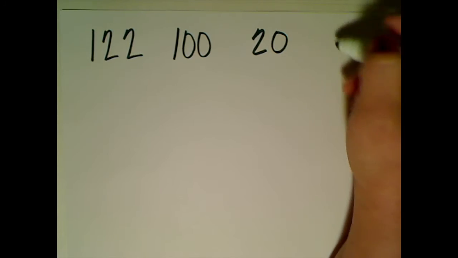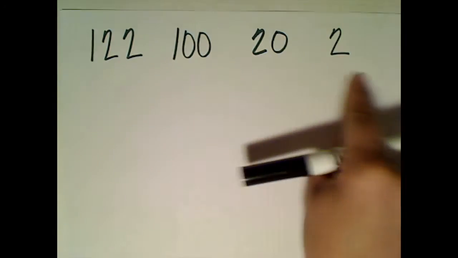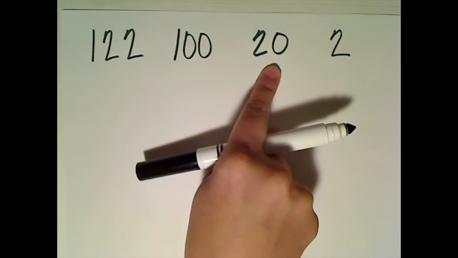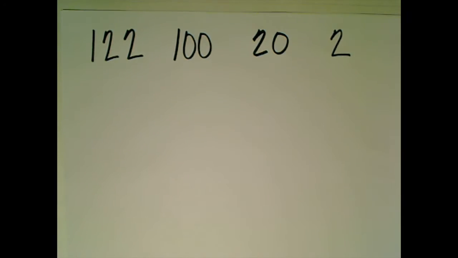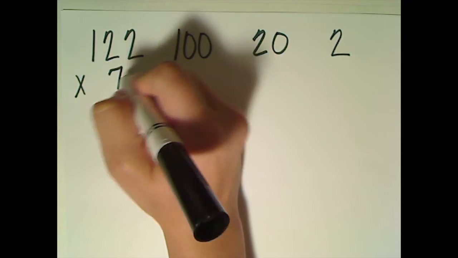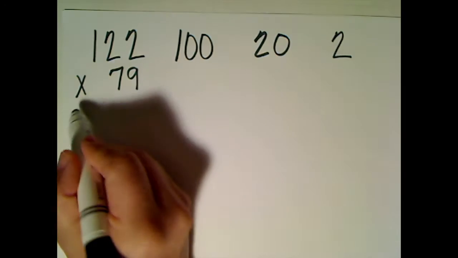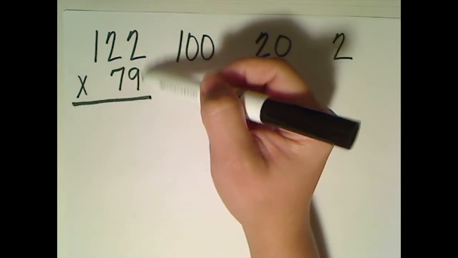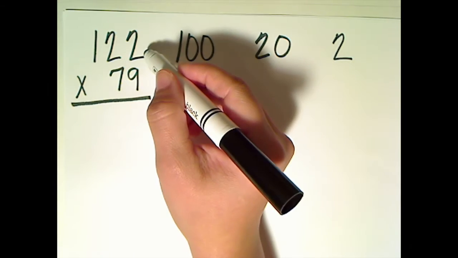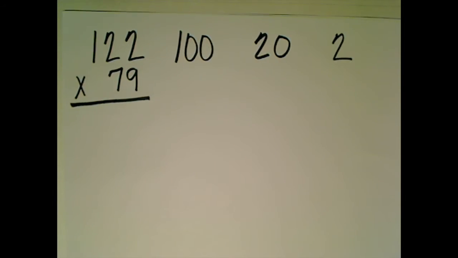And there are 2 ones that make up 122. 1 hundred, 2 tens, which is 20, and 2 ones. And we said times 79. So another way, remember we said you could say it is 79 groups of 122. That is a whole lot. Or in this case, there were actually 122 groups of 79 potatoes.